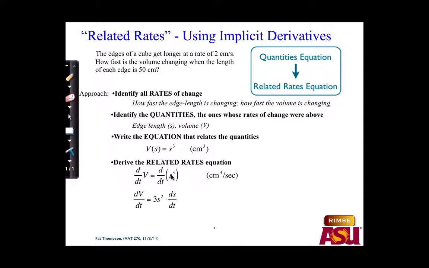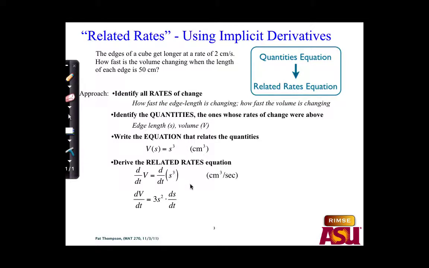S is a whole function that's raised to the third power, because s represents side length, and the side length changes over time. So if I decide here to take the derivative with respect to t, it'd be 3 times s squared, and then times s prime of t, or ds/dt.